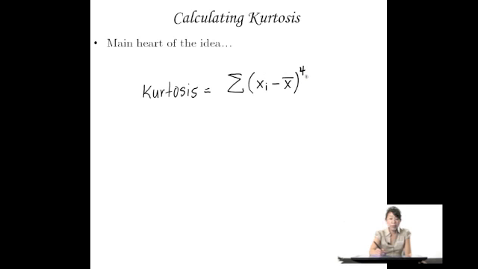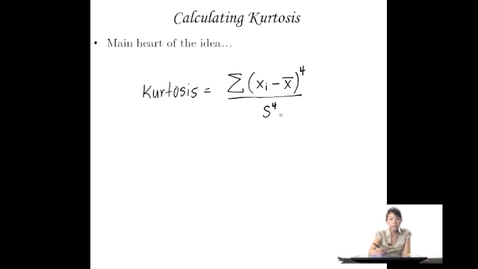So we know it'll probably be positive, because it's going to raise everything to the fourth power, and when you raise something to an even numbered power, it's going to be positive. And then we're going to divide that by s to the fourth power, standard deviation to the fourth power.